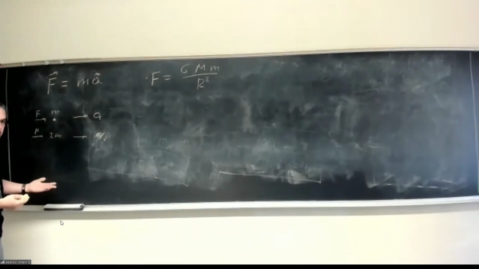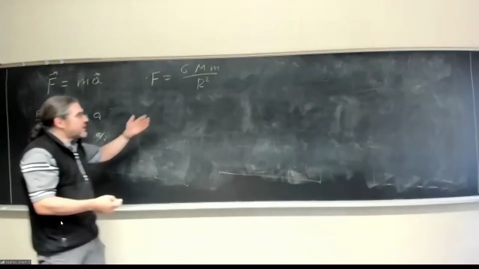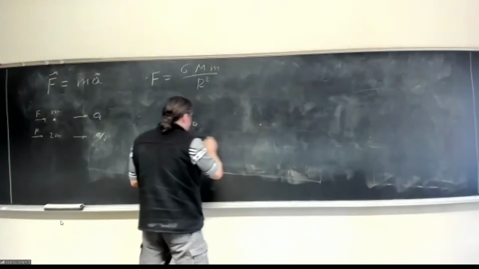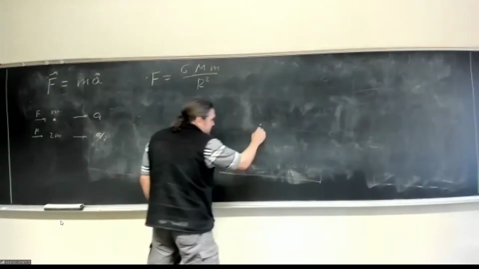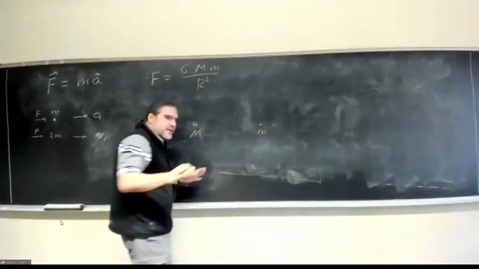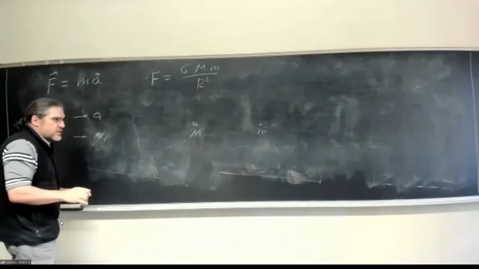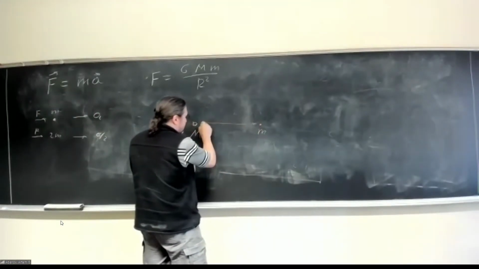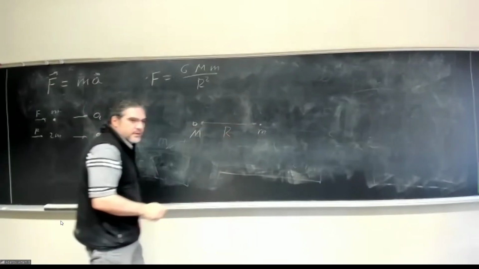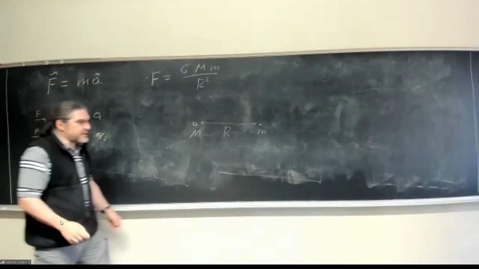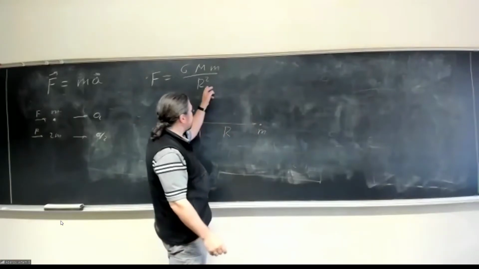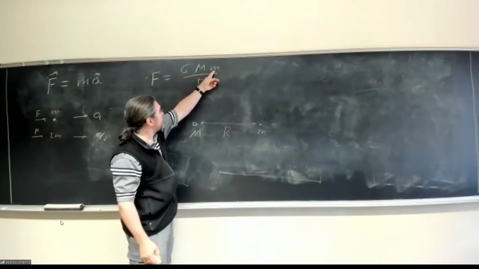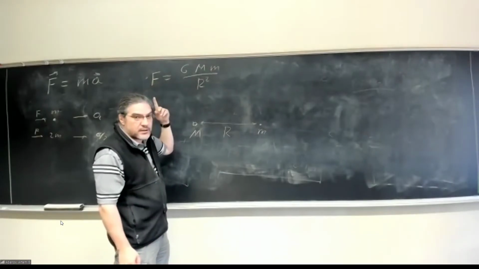That's one experiment. The next experiment is, I have two masses. One is a big one with capital M, another is a small m. Nothing is accelerating. I just keep them in some positions, at distance r from each other. And then if I double the mass, the force doubles. If I put twice the mass here, the force will double.